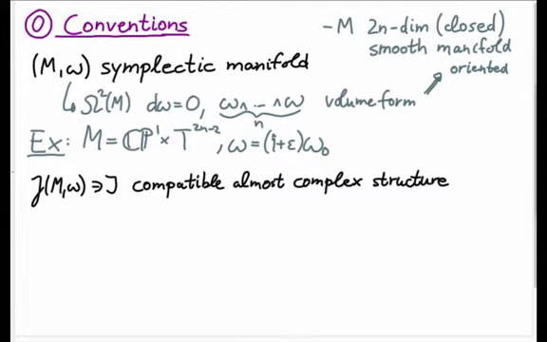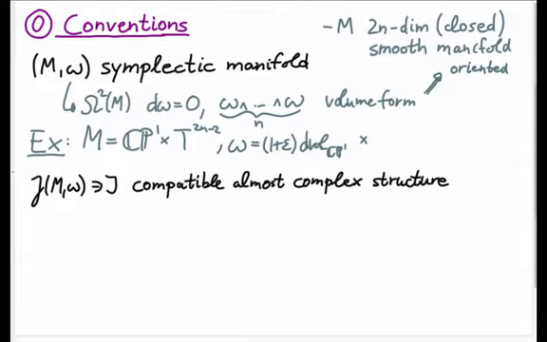Let me call this a volume form here, plus epsilon. The volume form on CP1 is a closed 2-form, and it's non-degenerate.